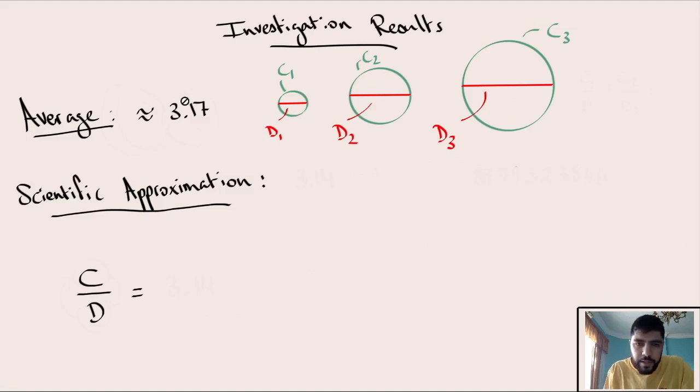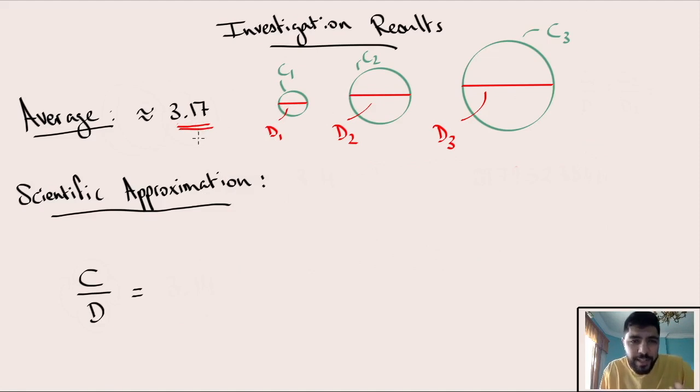So we as a grade approximated pi at 3.17. This means that all the different circles that we measured had a ratio of circumference to diameter of 3.17. No matter how big or small the circle is, if you divide the circumference by the diameter, you'll get this number.